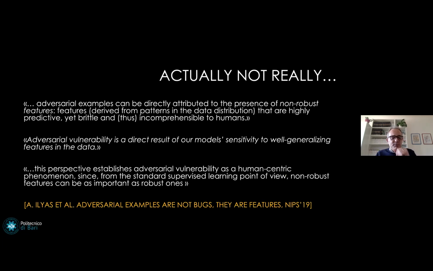But then we have this other interesting paper published in 2019, where they say that adversarial examples can be directly attributed to the presence of non-robust features, which are features that are highly predictive, yet brittle and incomprehensible to humans.